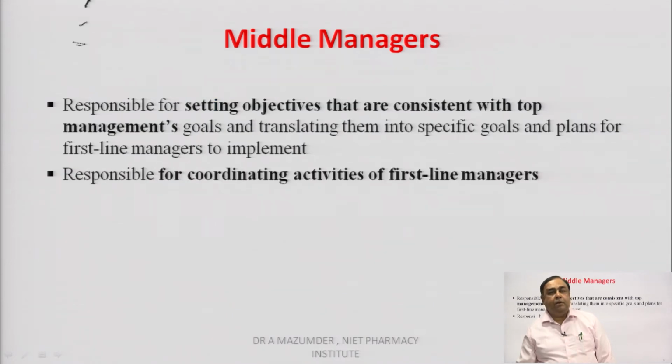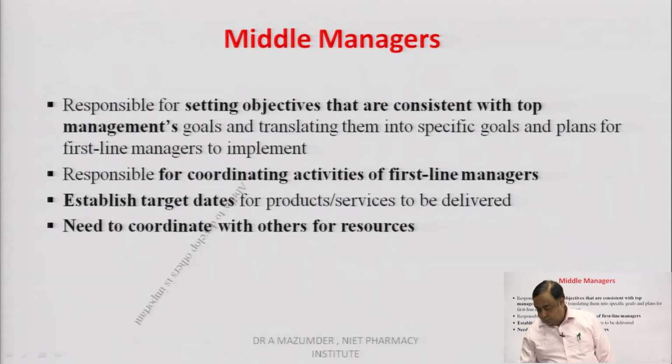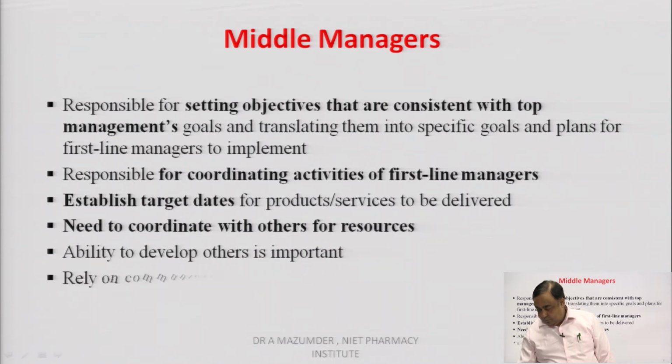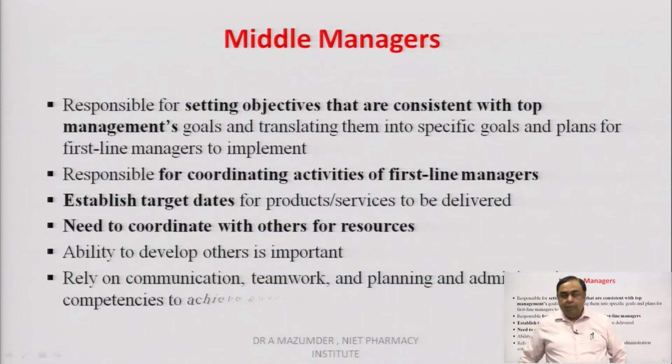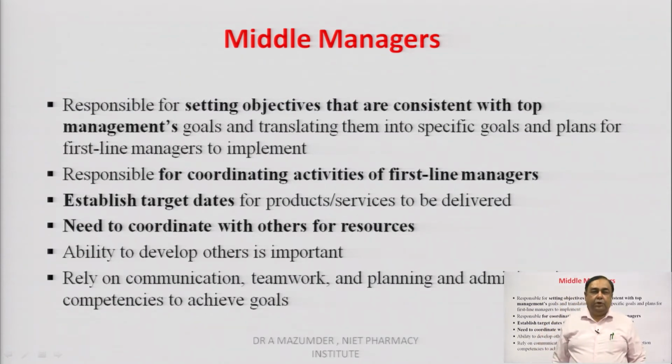Next, let us see what are the functions which a middle level manager needs to perform. The middle level manager receives information from the highest level or the top level, and his role is to percolate that information to the first line or the front line managers.